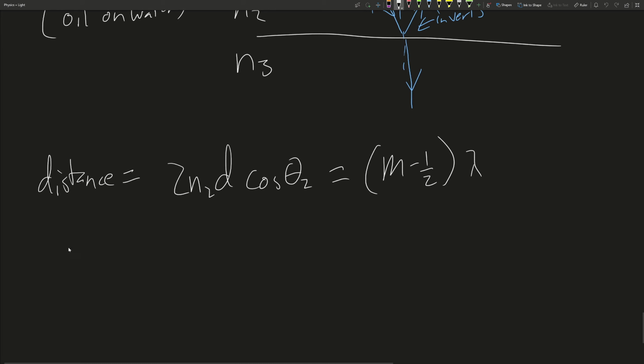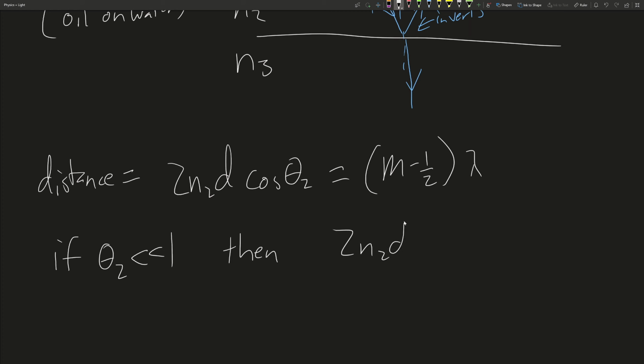And so again, if we assume that theta 2 is small, then you have 2 n2 d is equal to m minus 1/2 times this wavelength.